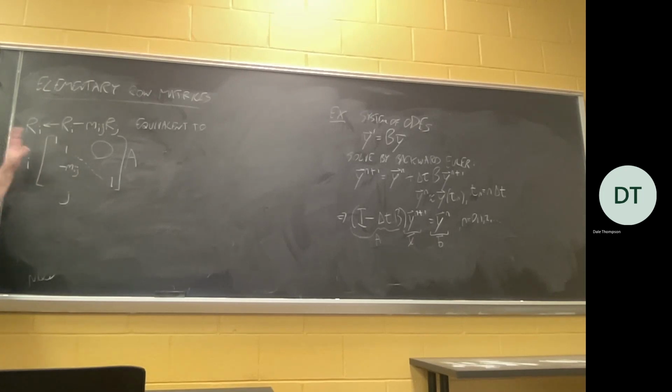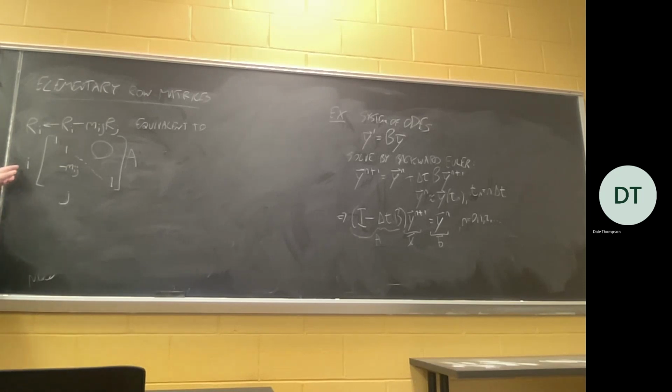So multiplying A by this matrix on the left will keep all the rows the same, thanks to the ones along the diagonal, that's the identity matrix, except because it sits in the jth column, it's going to have the effect of multiplying row j by minus m_ij and adding that to row i.